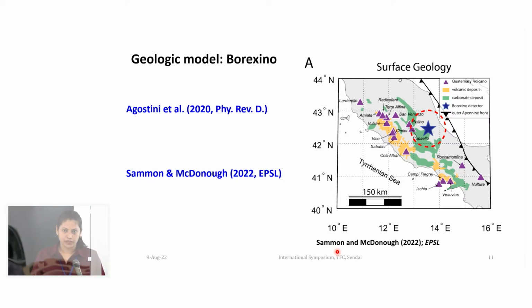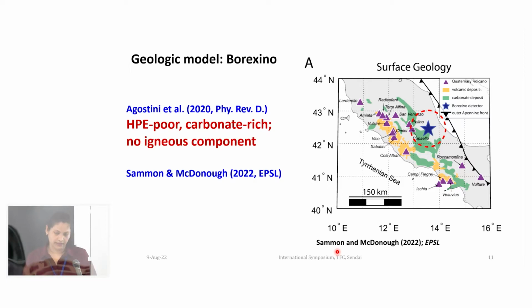Agostini et al. actually adopted a model where their near crust component was heat-producing element poor, and also carbonate rich. They have also not considered the igneous component in their local geology.